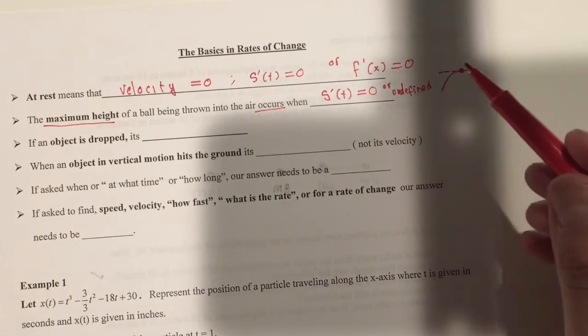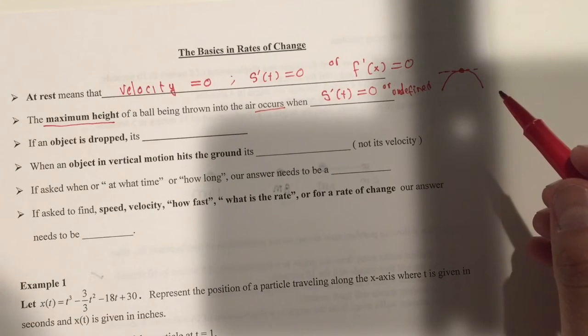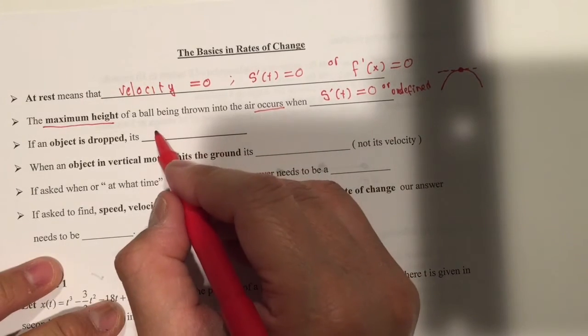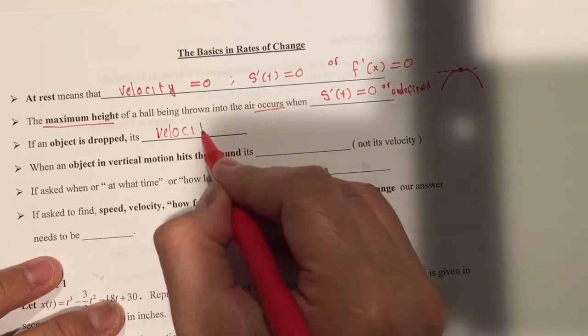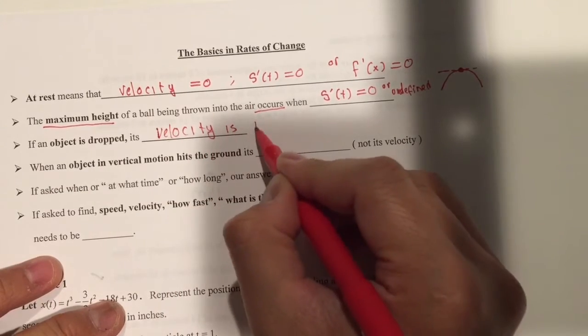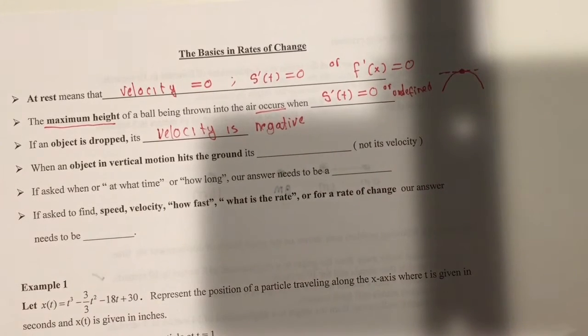If an object is dropped, its velocity is negative because it's moving down, so expect velocity to be negative.